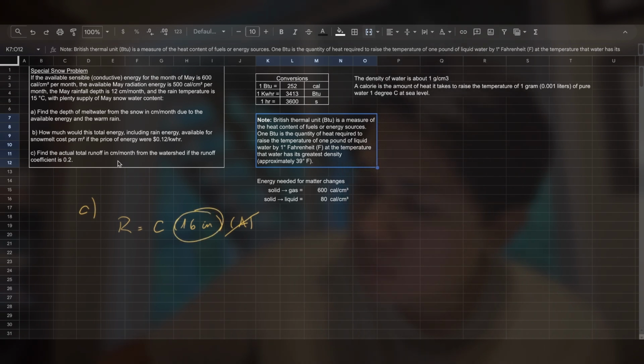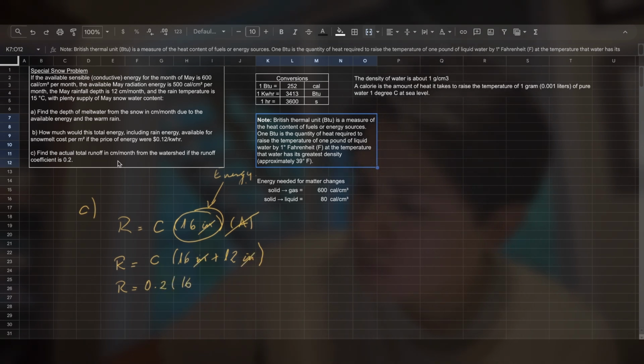However, remember that this 16 is only what was produced from the energy used and the precipitation. So this runoff will be the C coefficient times the 16 produced plus the 12 that already precipitated. So we have to do 0.2 times 16.